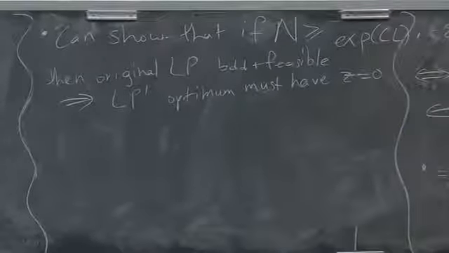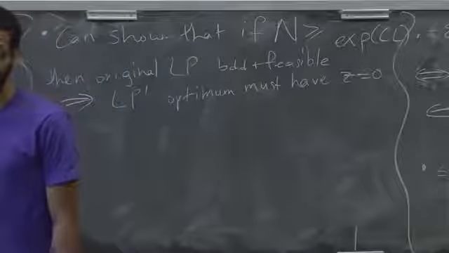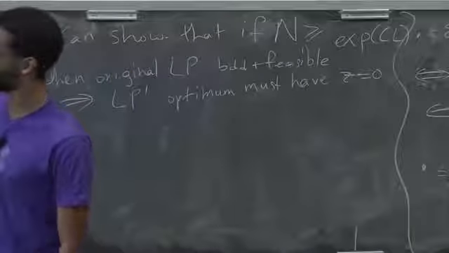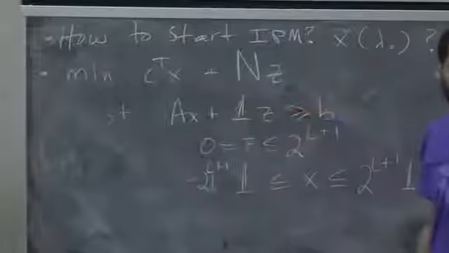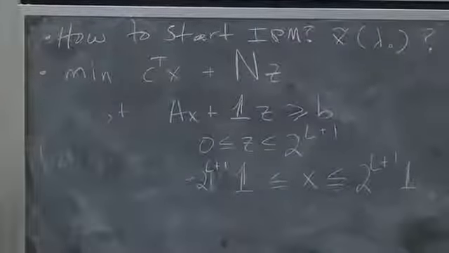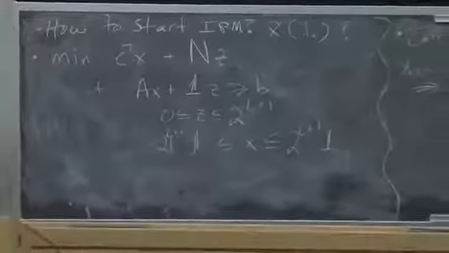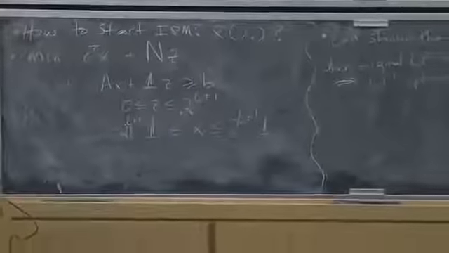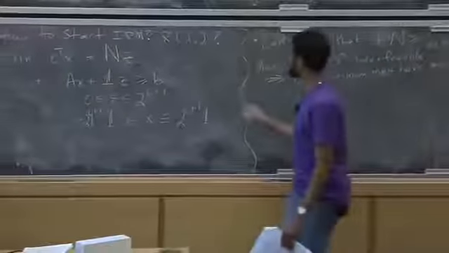You can prove this kind of theorem by looking at various precision calculations. Now if you could solve this one, well, the optimal solution has z equals 0, so you've actually solved the original LP. And in the original LP, you can show that any solution has to have bounded precision anyway. So now we just need to solve this thing. I'm just giving you a sketch of what's going on. So this is LP prime.